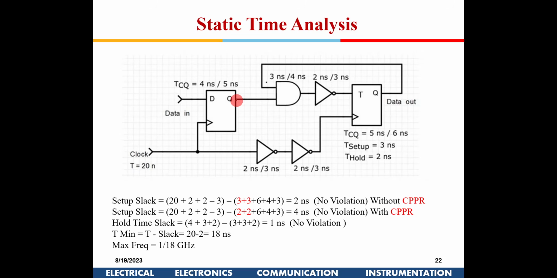Worst case data path I am talking about. 5 nanosecond, 4 nanosecond, and 3 nano. So 5 plus 4 plus 3 is how much? Okay, 12, right? And also the clock is coming here, okay, and I have a feedback path here, right?